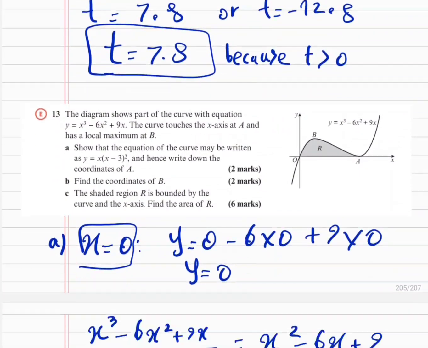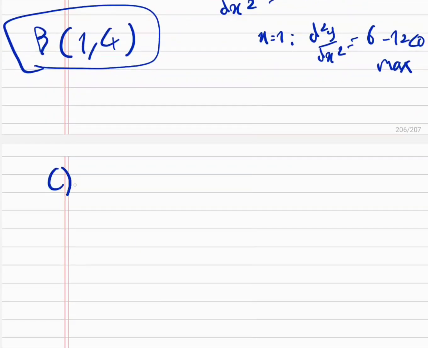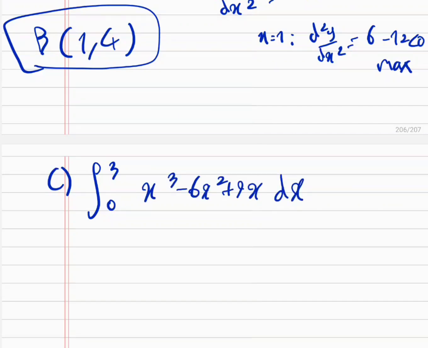Right, and finally part C, we want to find the area of the shaded region which is bounded by the curve and the x-axis. So it's just a simple integration between 0 and 3, because those are the limits, and we just simply integrate the curve because we want to find the area bounded by the curve and the x-axis. So we just have the integral of x cubed minus 6x squared plus 9x dx.